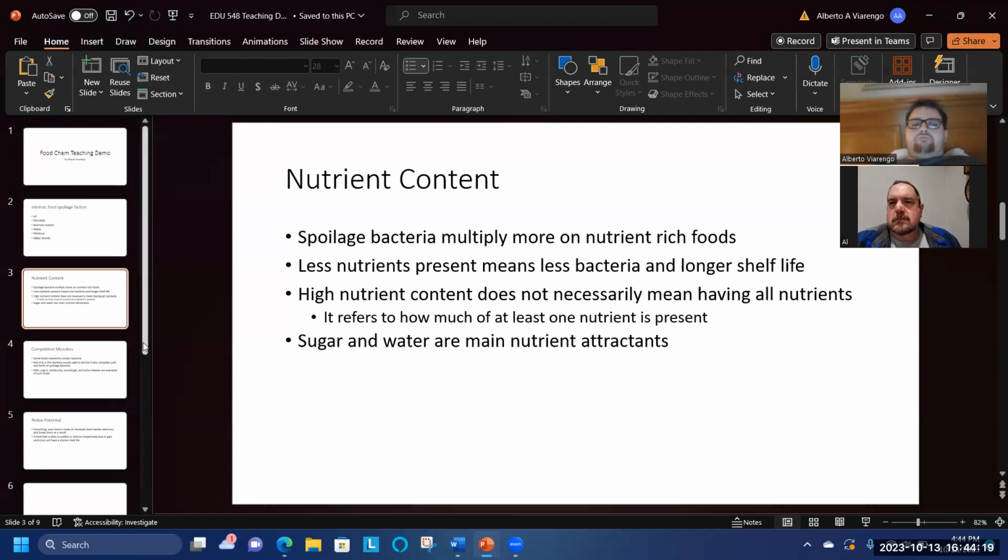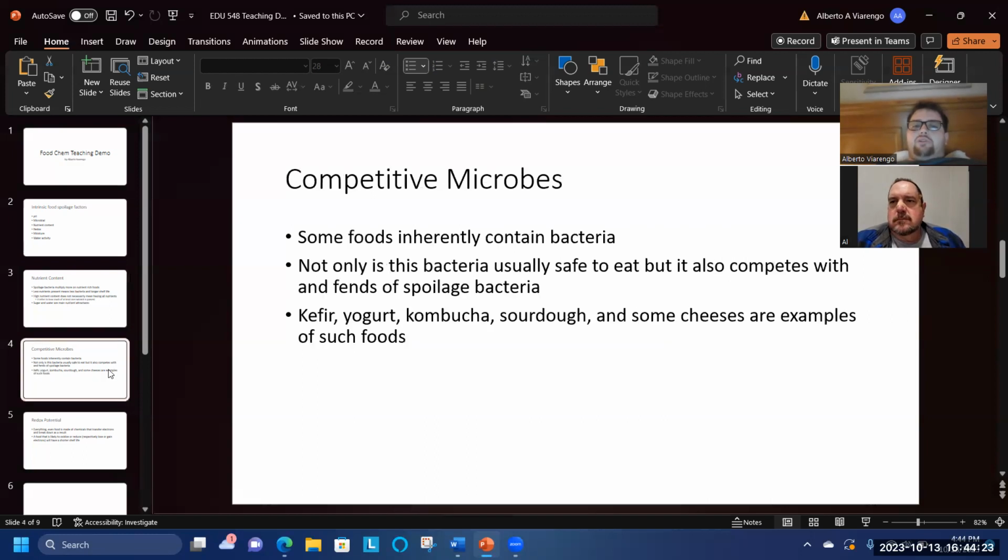Now, not all bacteria are inherently bad. Some are actually good, and this leads to the microbial intrinsic factor you mentioned earlier. You see, some foods contain bacteria already as part of the process by which they're produced. Not only is this bacteria safe to eat, but it also competes with and keeps the spoilage bacteria from entering the food.